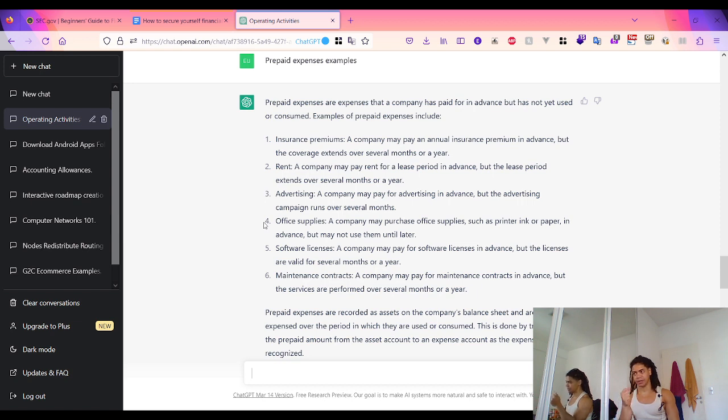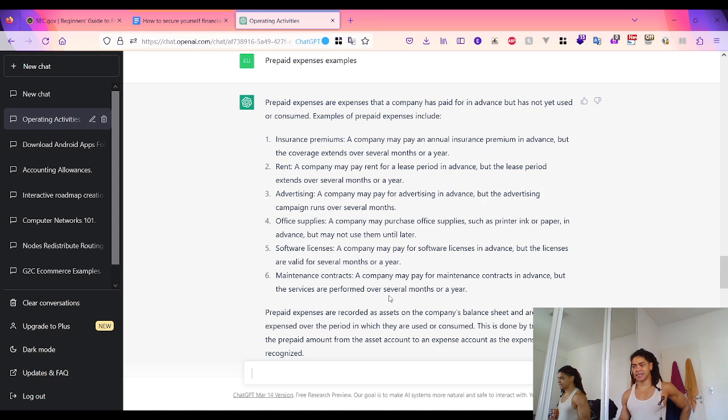So, when you buy printer ink or paper in advance, you may not use them until later. A software license, the company may pay for in advance, but the licenses are valid for several months or a year.